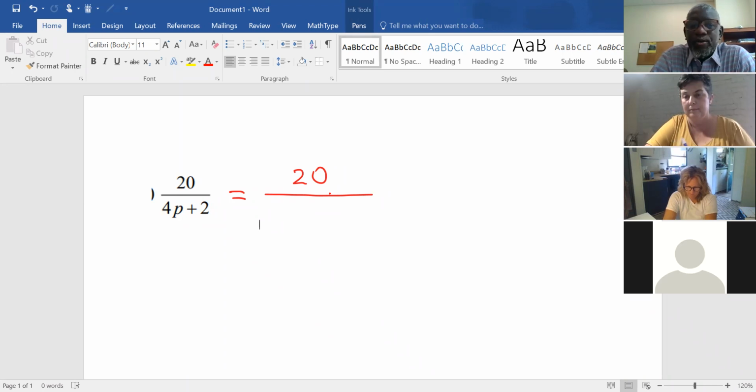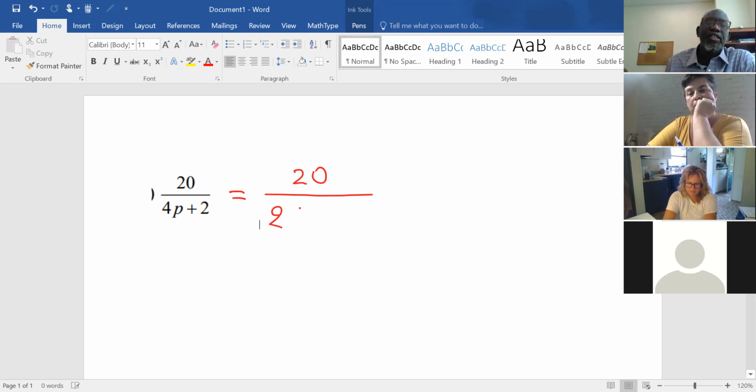And then if we are given something way easier, we forget about it. So here, 2 is the GCF. We divide by 2, so we get 2p plus 1.